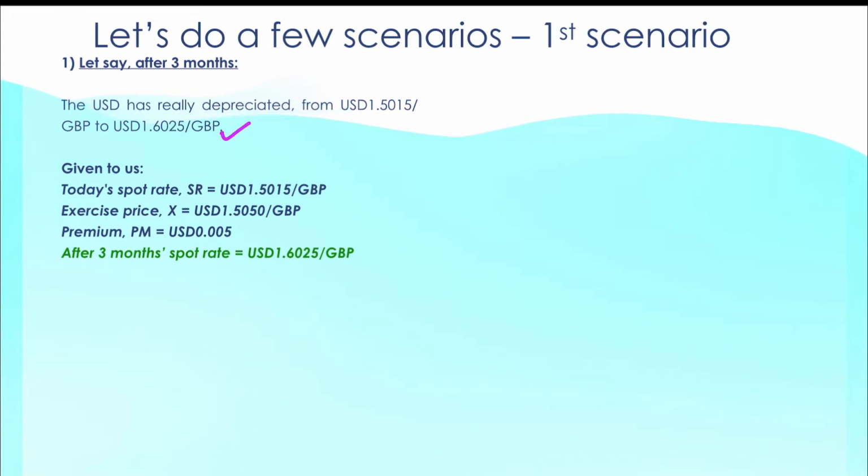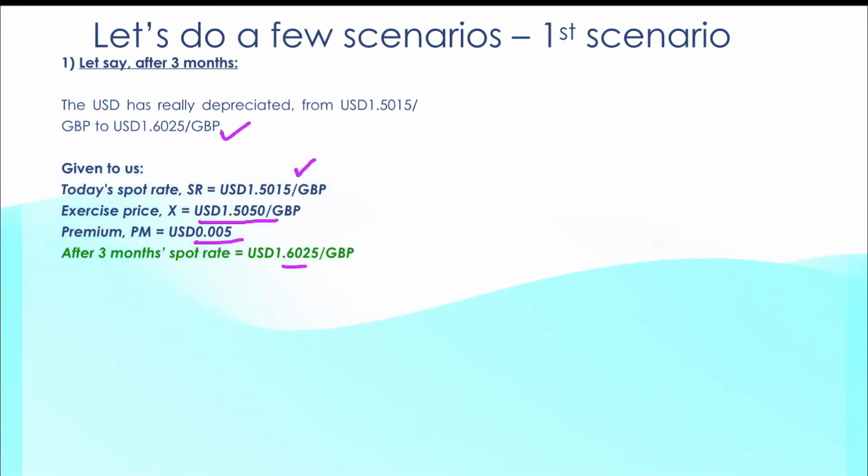Let's look at the example given to us. The spot rate is 1.5015. Exercise price is 1.5050. Premium is 0.005. And after 3 months, the spot rate, the USD depreciates to 1.6025 per GBP.